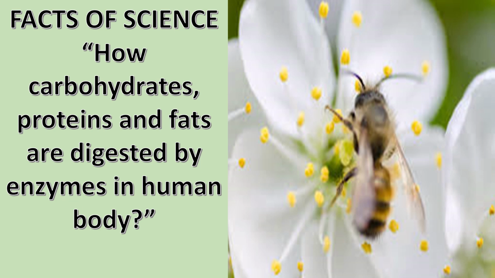So these are carbohydrates, proteins and fats, and nucleic acids such as DNA, RNA, deoxyribonucleic acid or ribonucleic acid. All these are present in our food and are digested by enzymes in the human body. In our body, the digestive system secretes enzymes that digest these biomolecules.